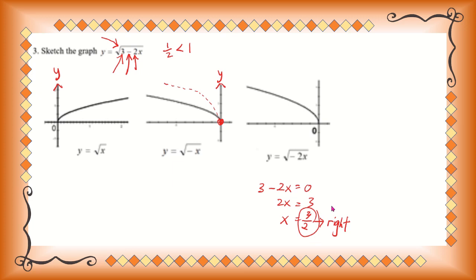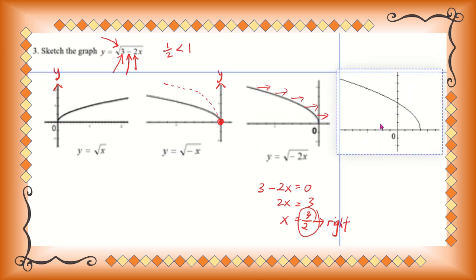So means the whole curve should be shifted to the right hand side for 1.5 unit, including the 0 here. So the whole curve will be shifted. So after shifting, the curve is like this.